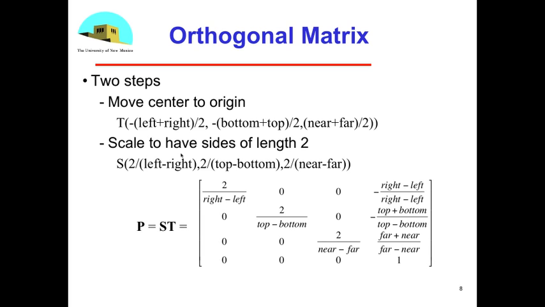Here's another example of wanting to use a couple of simple matrices that we understand really well, a simple scale with a fixed point at the origin and a simple translation, and build the matrix we want out of those simpler matrices. So the final matrix for doing this projection normalization is just S times T. When you multiply that out and look in any of the standard OpenGL references in the back, you'll find this matrix.